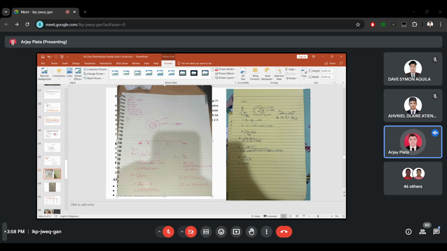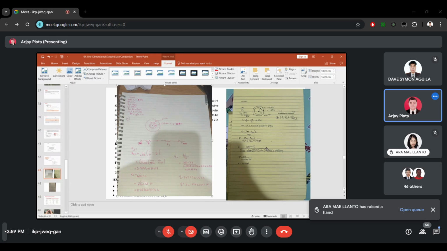You can type your solution, your answer, in the chat box. K of silica powder. So from the table, the silica powder is 0.0017.